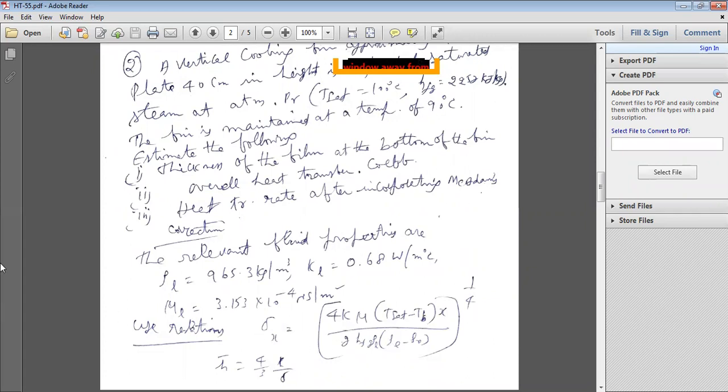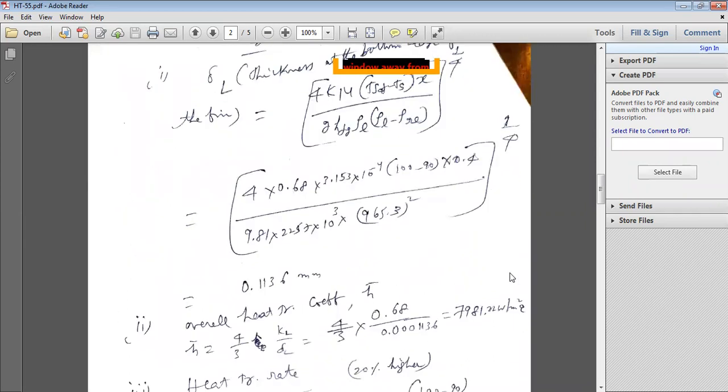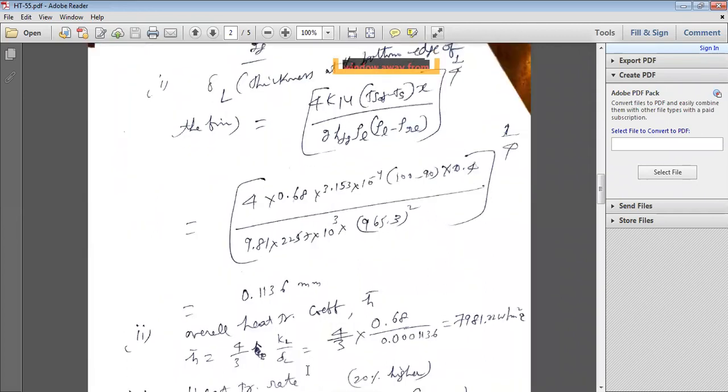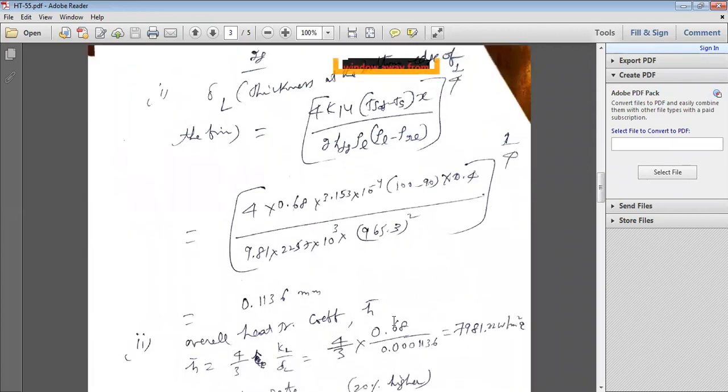Boundary thickness, I gave it in the last class yesterday. And next, how do we calculate the second bit, overall heat transfer coefficient h bar? 4/3 of hx, or otherwise 4/3 k by delta. Because here you are calculating delta, that's why directly you can calculate h bar as 4/3 times k by delta. So use those relations and you can calculate the required values.